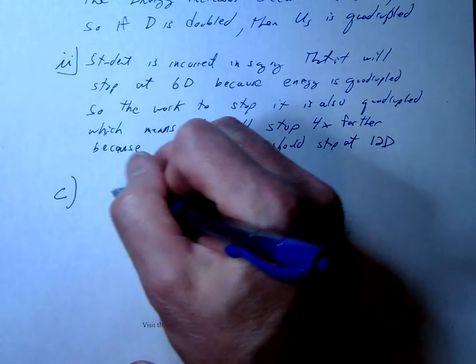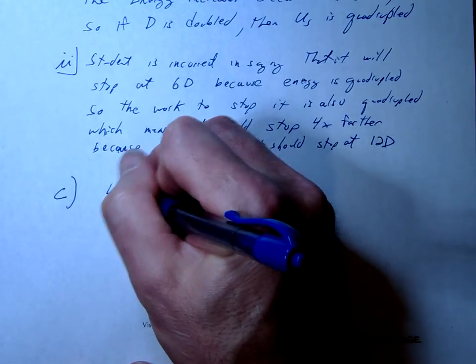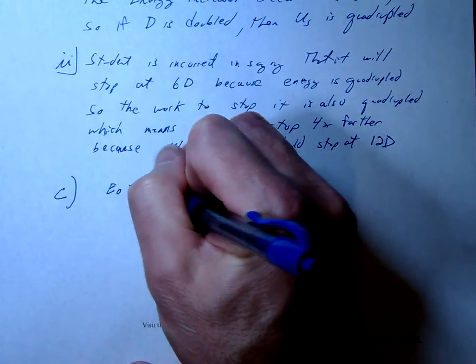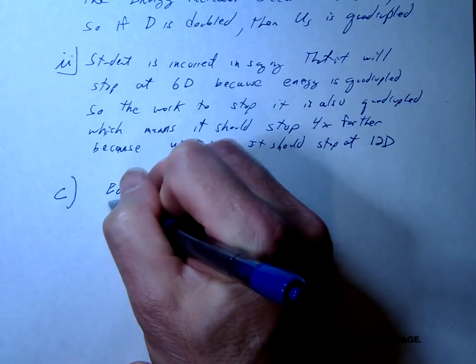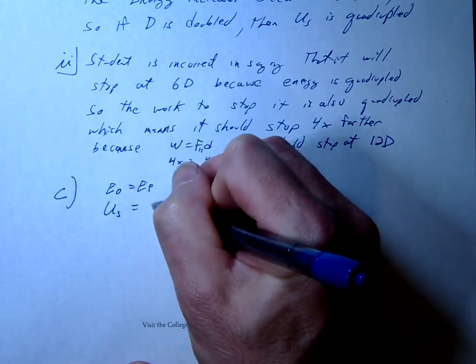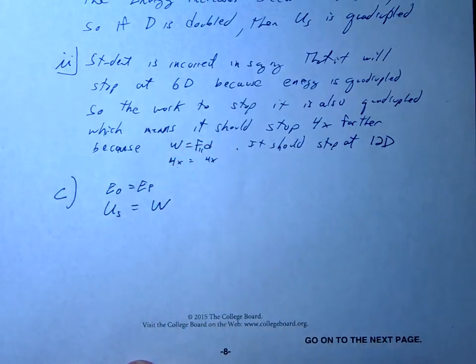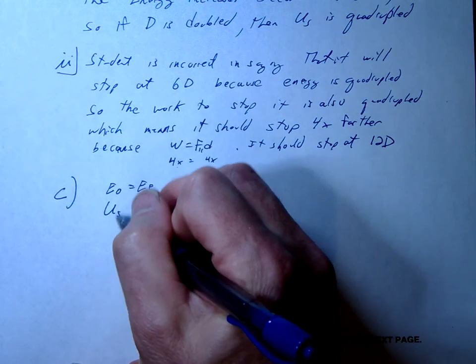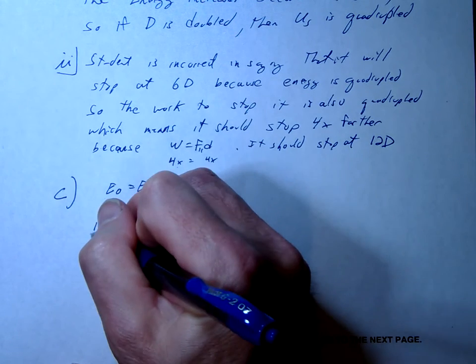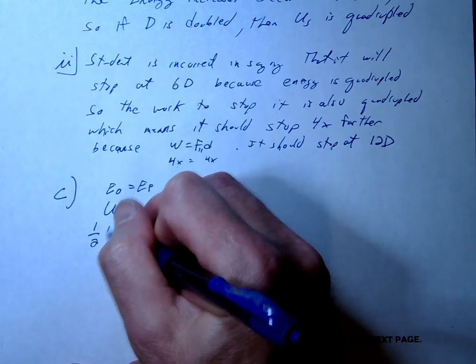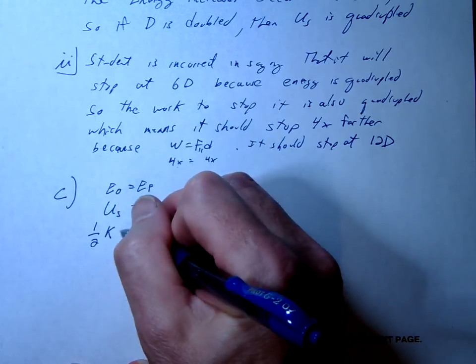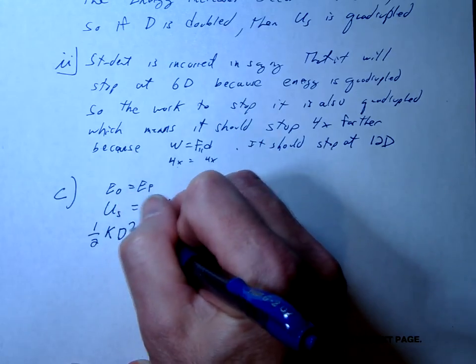Okay, so we'll use our energy conservation, right? So we're starting with some potential, and that's going to eventually turn into work. So our spring potential, let's write this out as 1/2 k, at the maximum value, that was d squared.